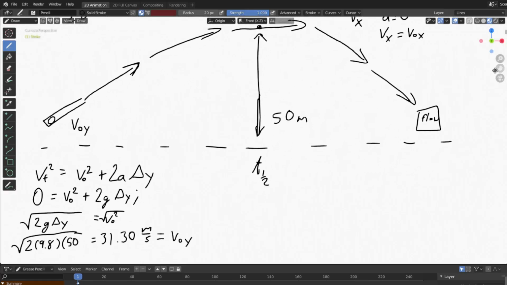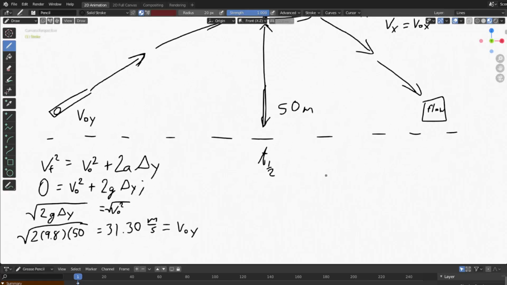So we're going to say that we're trying to figure out 31.30 equals 0 plus gt. Meaning I have to try and figure out what time is.